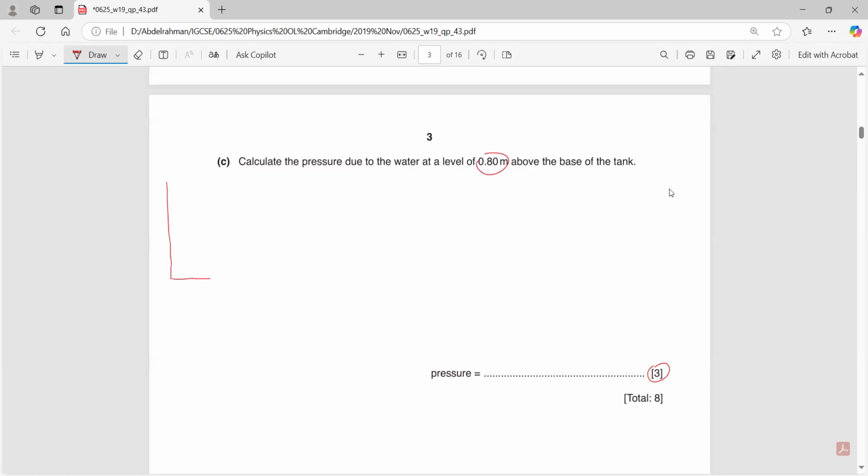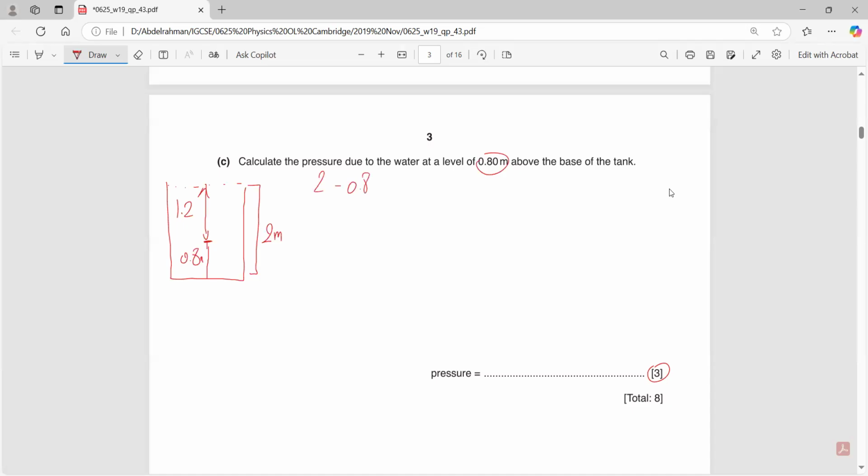If you look at the tank, the total depth of this tank was 2 meters. He said 0.8 meters above the base of the tank. So actually, the depth was 1.2, which is 2 minus 0.8.